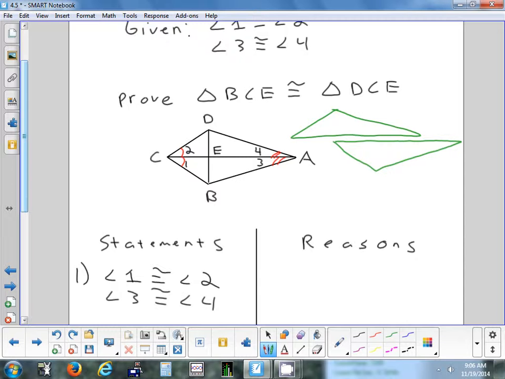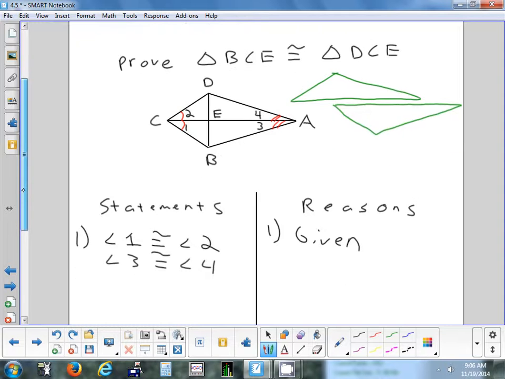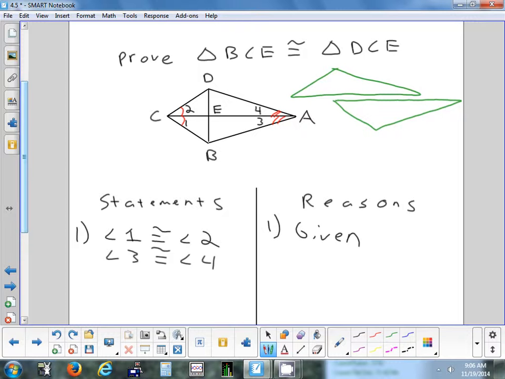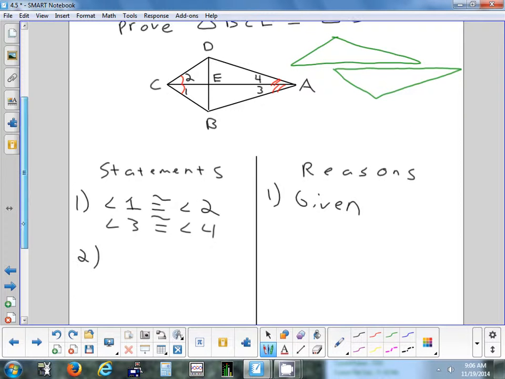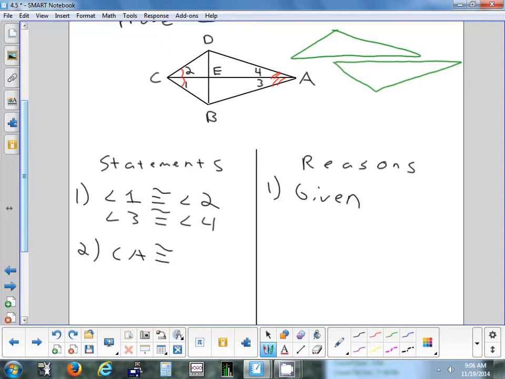That was all given. Now I have an angle matching an angle in the top and bottom, another angle matching an angle. What else could I say, something that's used in both of them? Yep, CA is congruent to CA. That's your reflexive property.